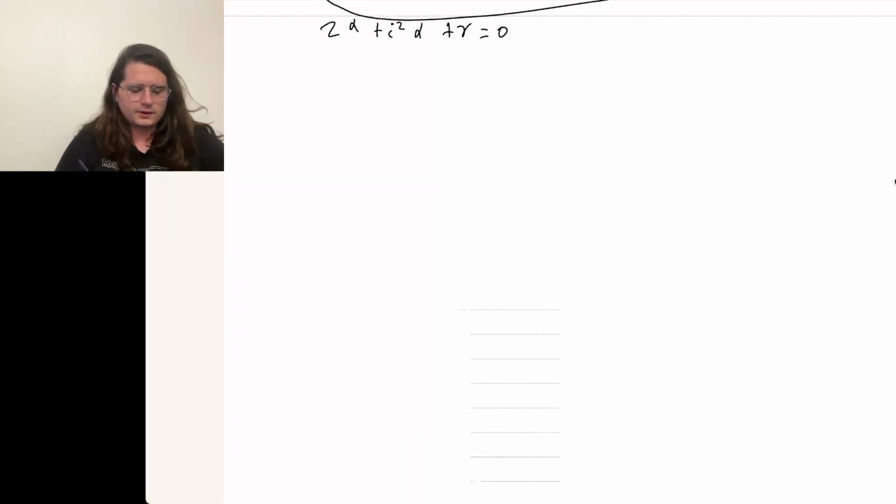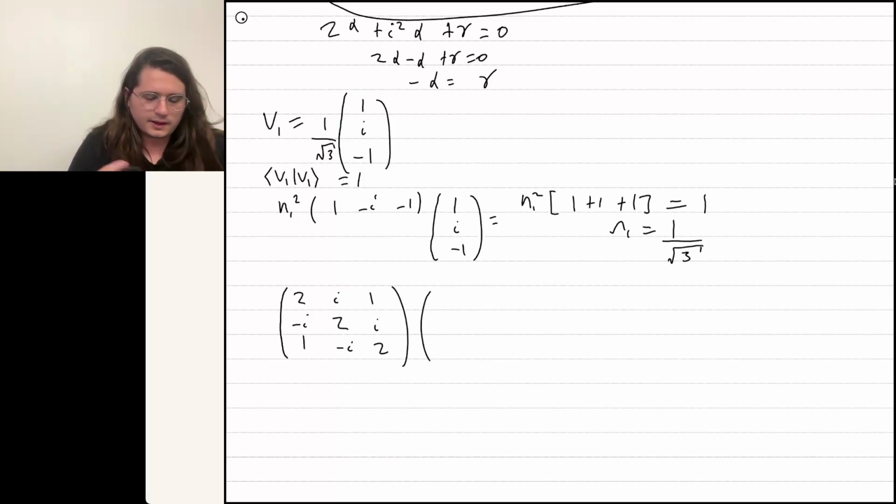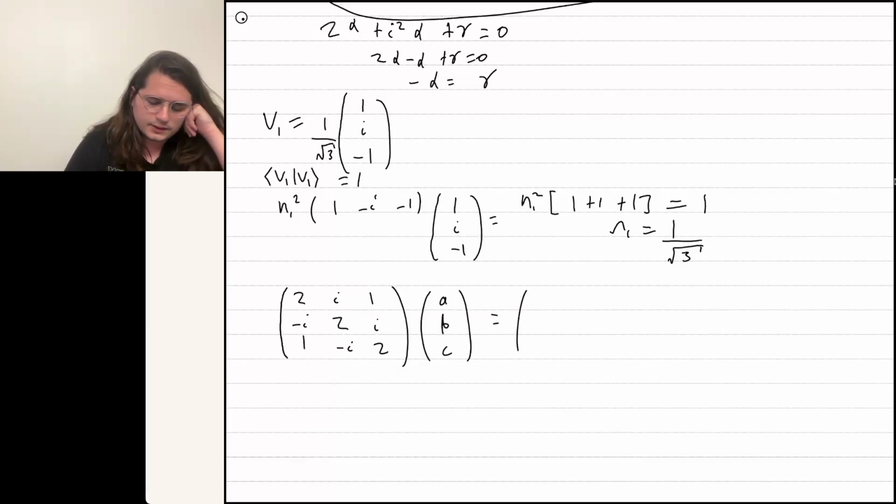Okay, now you can go about finding V2 and also V3 through a weird little method. So setting up the eigenvector equation again, like this. This is just the original matrix again, times eigenvector V2, which I'm going to have the elements called a, b, and c. That has to be equal to the second eigenvalue, which was 3, times the same vector.